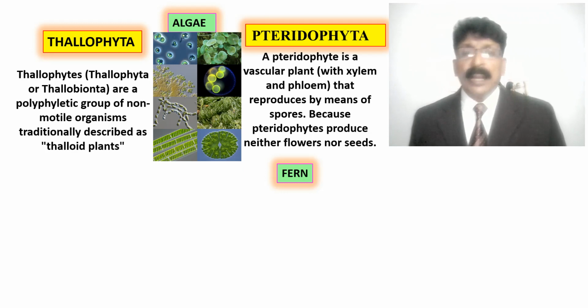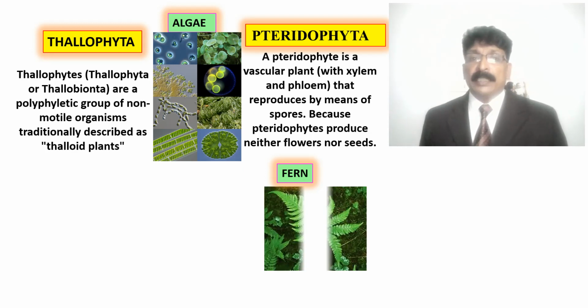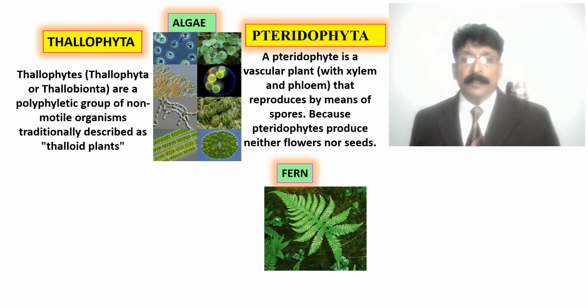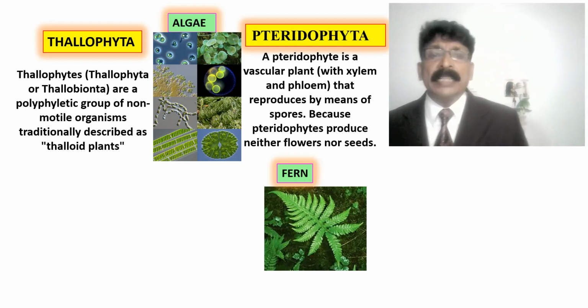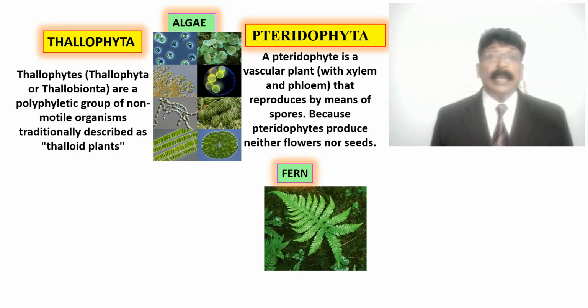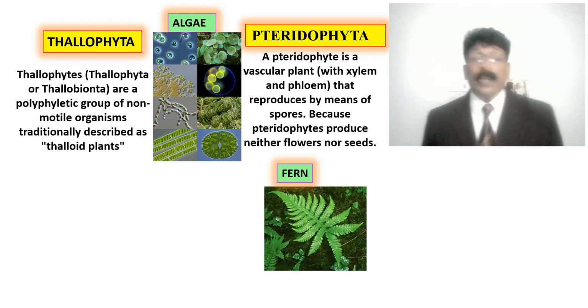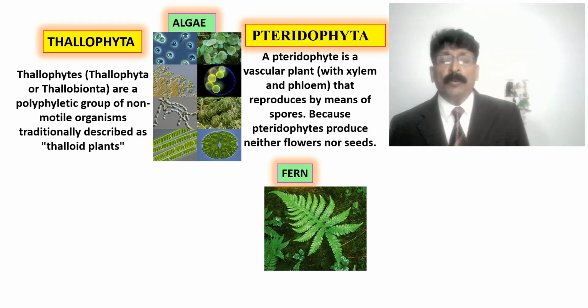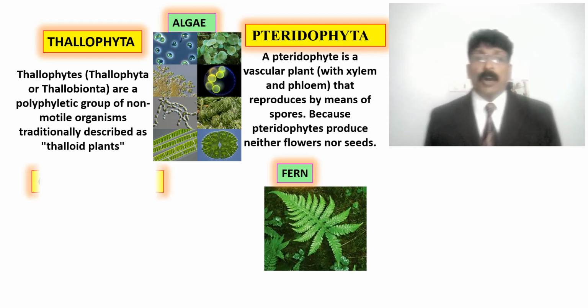They will not produce any flower or seed. Example, male fern, which we can see on river banks, watery areas and in lake areas, and in many places we are even using it as an ornamental plant.